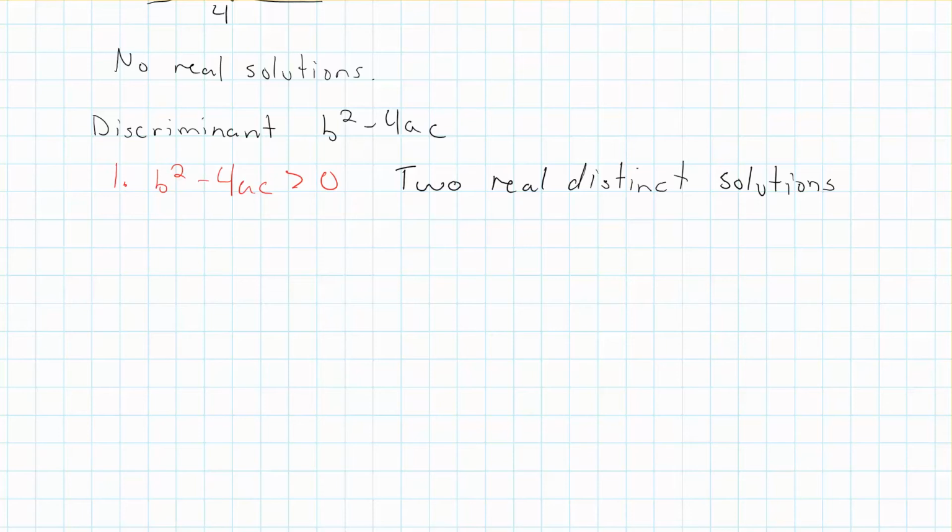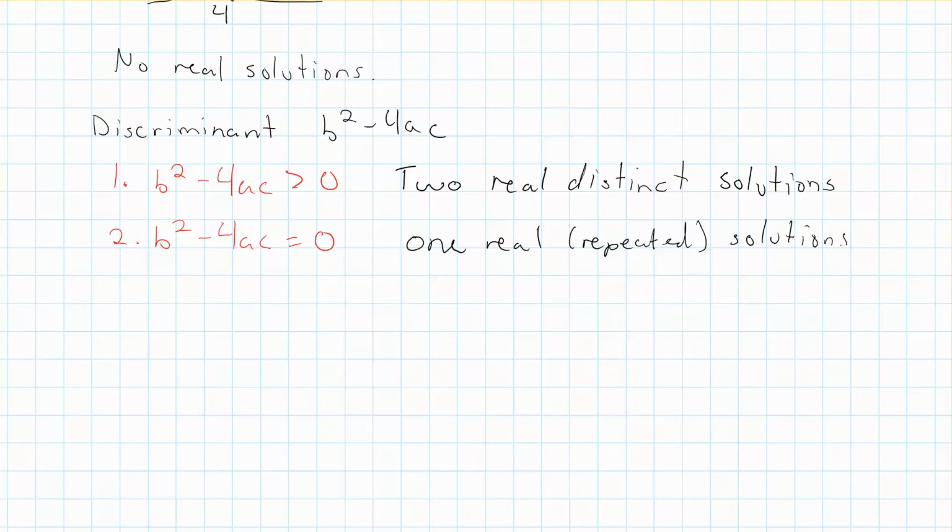Which actually brings us to the second one. If you have b squared minus 4ac equals 0, this means we have one real, and sometimes they say repeated, solution. And that will come into play later on in this semester, this concept of a repeated solution. But it's one real solution.